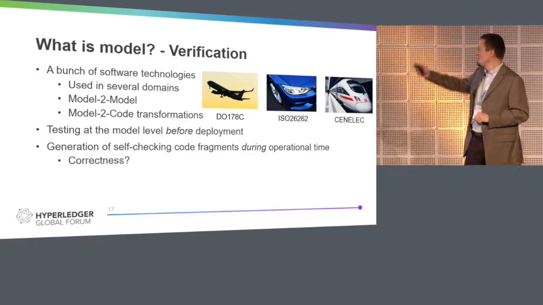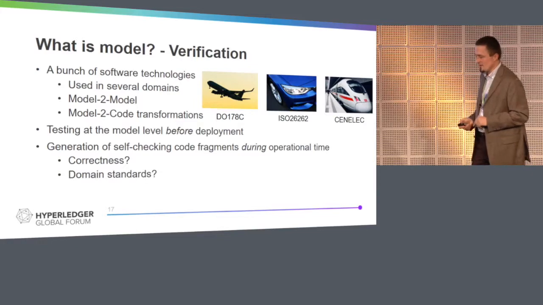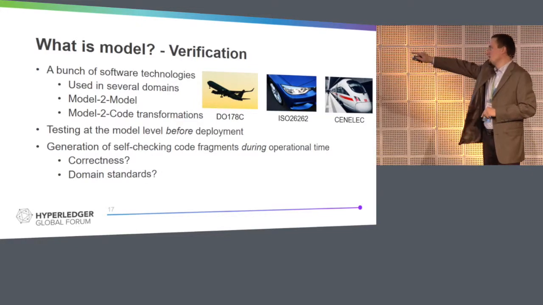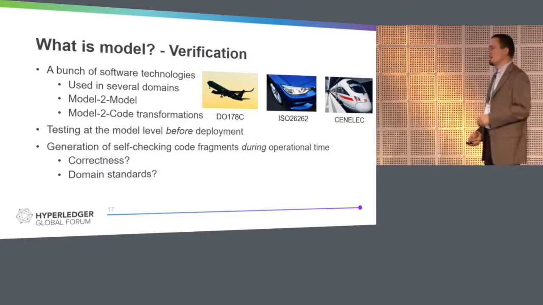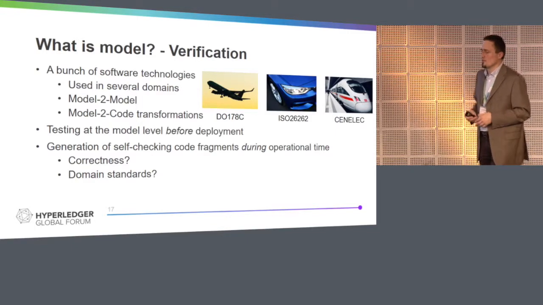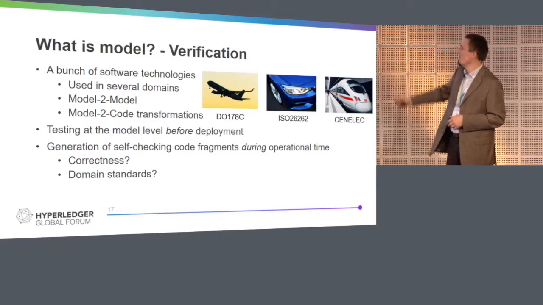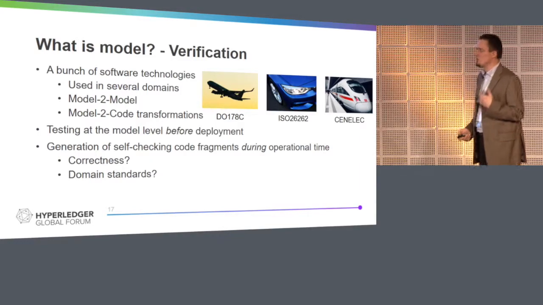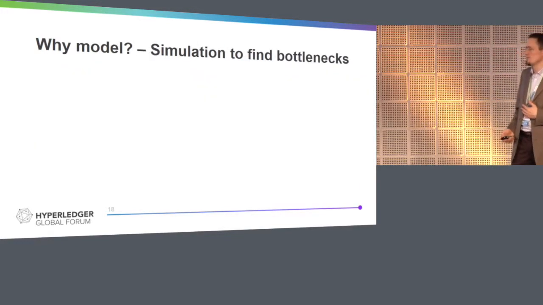And this checking will also be done in a distributed way. So from basic correctness issues, like if I add someone to something, then the balance will be as required, to domain standard requirements, a lot of things can be checked by these generated code fragments.